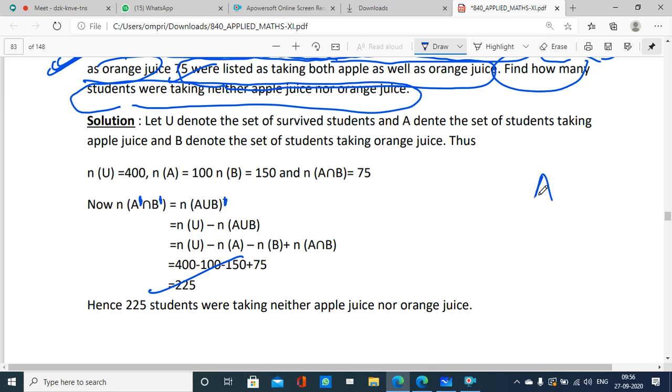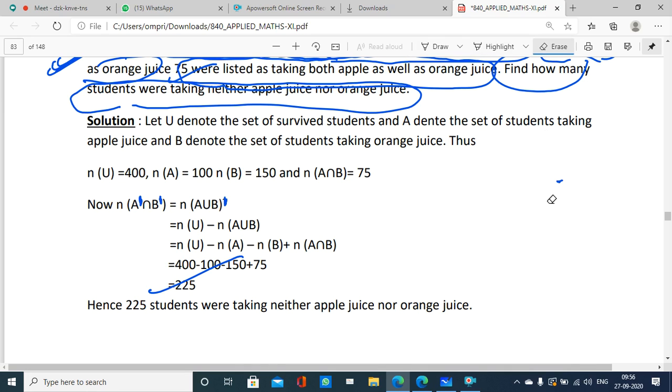Dash means complement. They all mean complement. There is a printing mistake. Also, instead of writing cardinality, you can write n of A, n of U, n of B, or mod of A. Same thing.